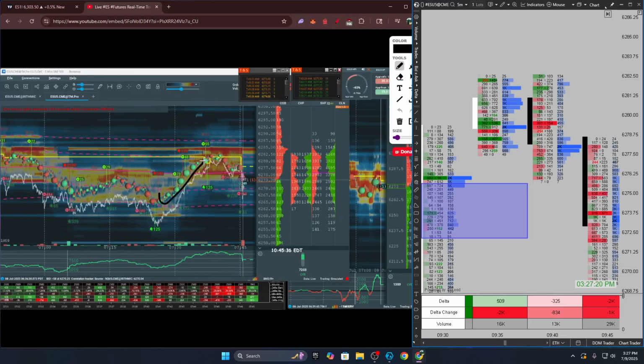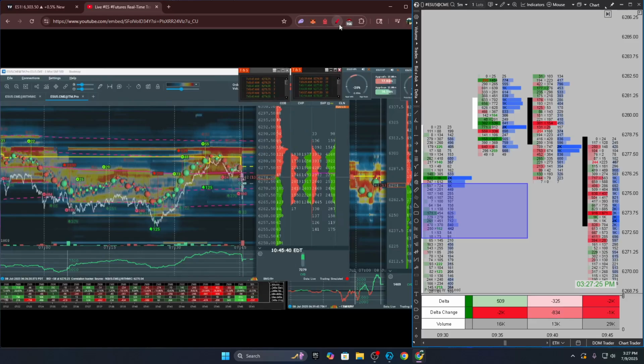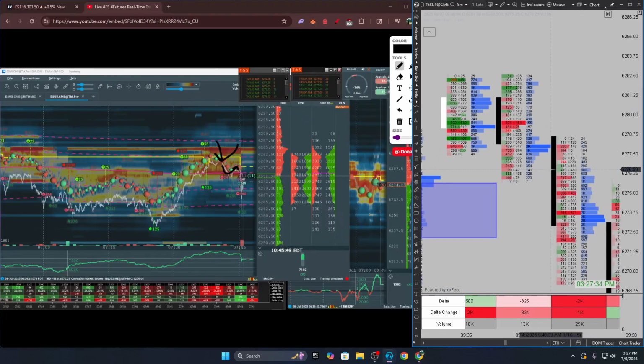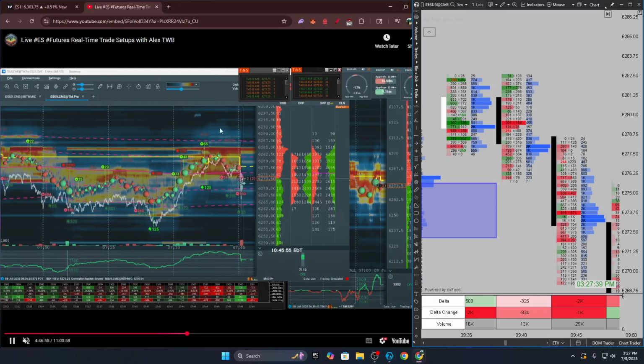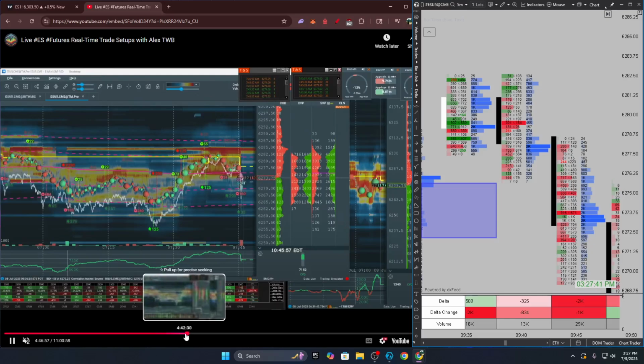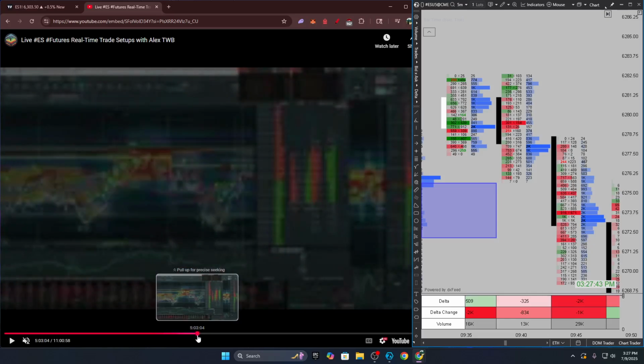While here we came down into a passive seller area, saw aggression from that passive seller area, saw a small reaction, but because that aggression occurred and continued to incur, we saw aggressive selling start to come in and break through that barrier, and then the shorts would have occurred after that.